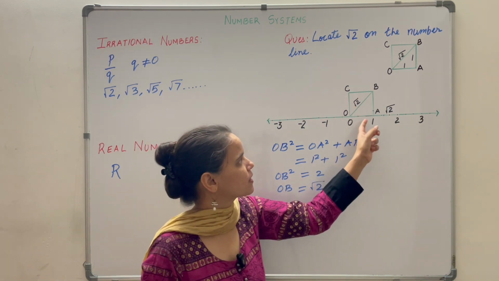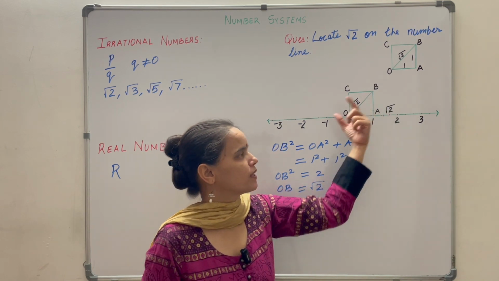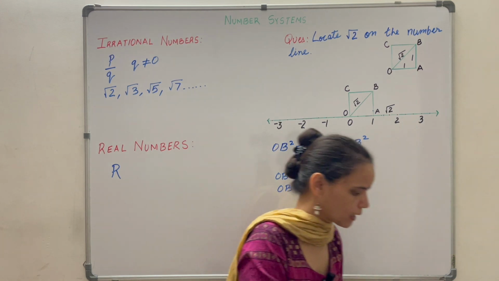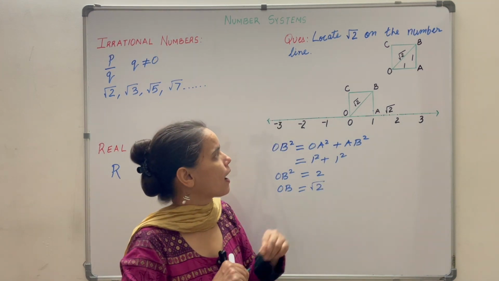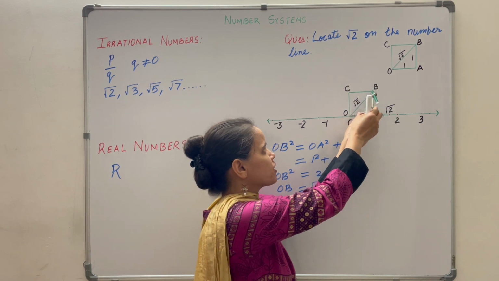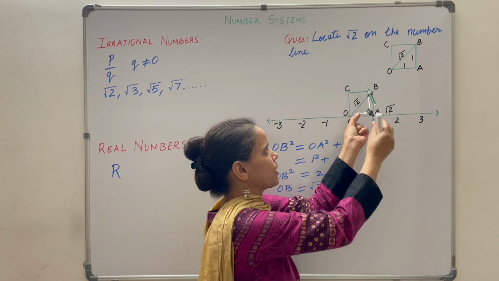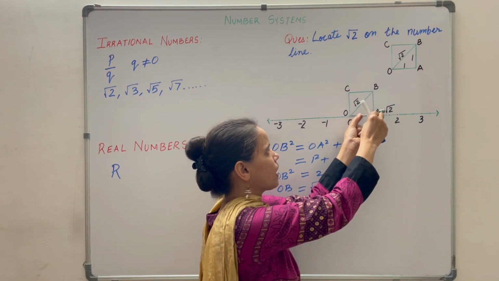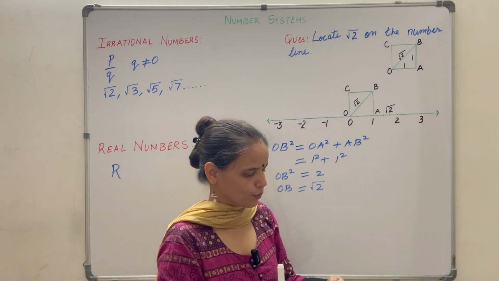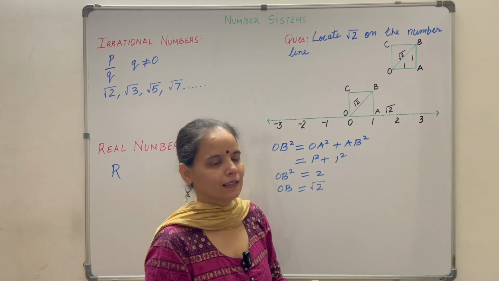So you have placed the square here and this OB is root 2. Now we are going to take our compass and put the compass needle here at point O and measure this length OB and make an arc on the number line. So this point over here represents root 2 on the number line.